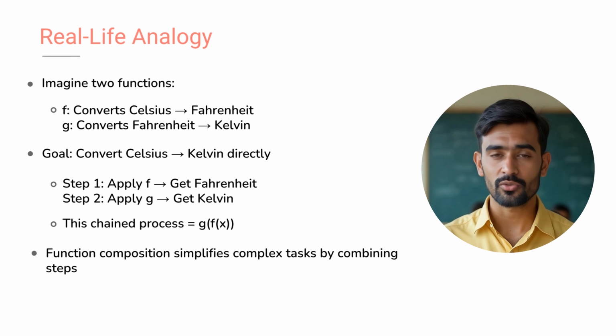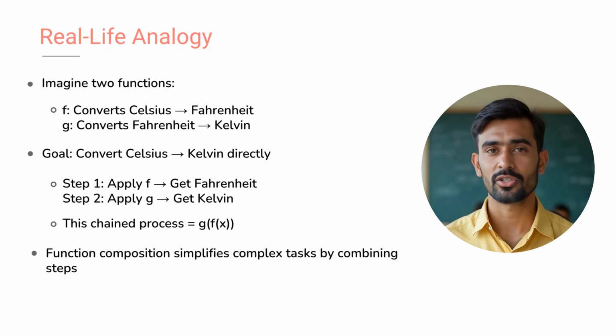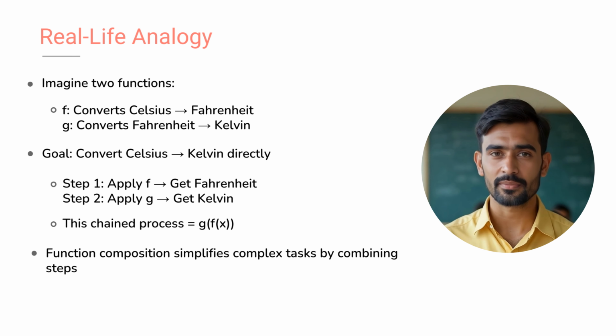That means you first apply f to convert Celsius to Fahrenheit, then apply g to convert that Fahrenheit value to Kelvin. You start with a temperature in Celsius, pass it through f, then through g, and just like that, you've converted it straight to Kelvin. This is the power of function composition, chaining operations together to make complex processes simple.